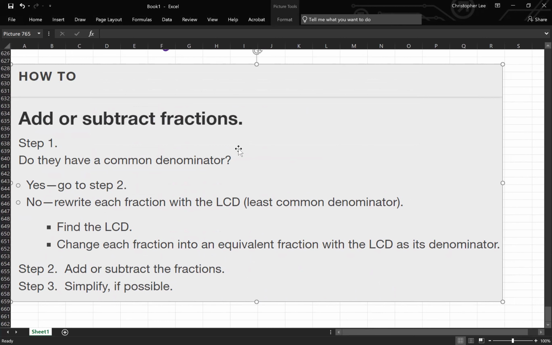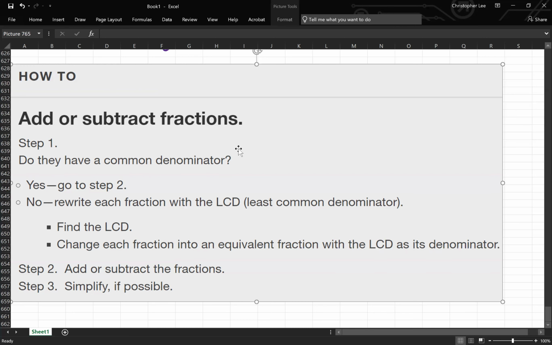So, little how to add or subtract fractions. Step one, do they have a common denominator? If yes, we're gonna go to step two. If not, rewrite each fraction with the LCD, least common denominator. All right, then you want to find the LCD, right? Change each fraction to an equivalent fraction with the LCD as its denominator.